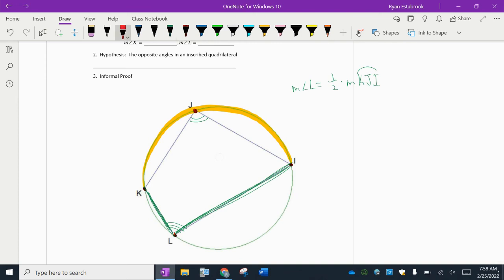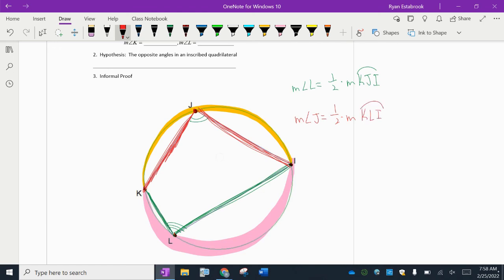And if I trace from point J the two sides that make up this angle until we actually hit the circle, I go to point K. Over here, I go to point I. And so we have this arc angle. Using that same reason again, this measure of angle J, this inscribed angle, is 1/2 of the pink one. It's 1/2 the measurement of arc angle KLI.